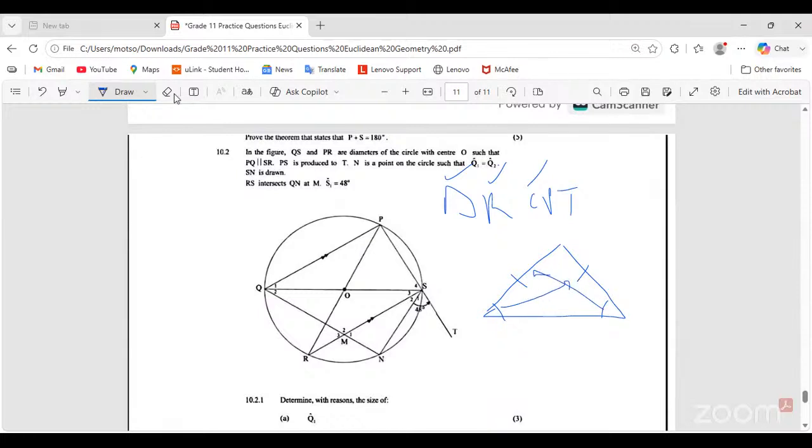Fine. And then you go to the next kind of triangle. If you have a triangle of this form, this angle is equal to that one plus that one. Reason being, the exterior angle of a triangle is equal to the sum of the interior opposite angles of a triangle. I hope that makes sense to you guys.